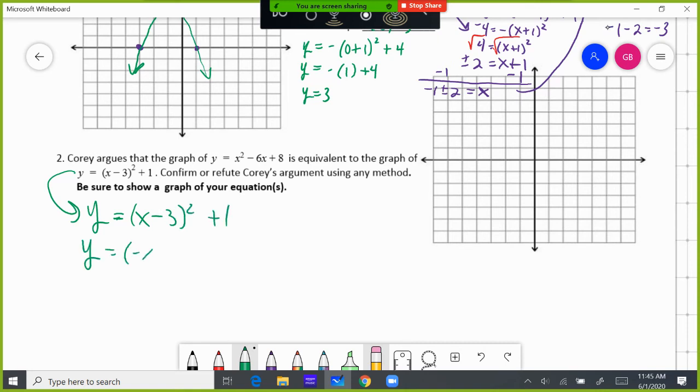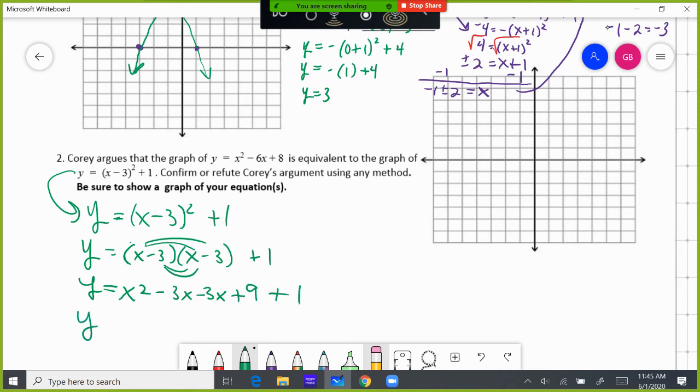So (x - 3) squared is actually (x - 3) times (x - 3). To multiply that, you're going to use FOIL. First, x squared, outer, minus 3x, inner, minus 3x, last, plus 9.